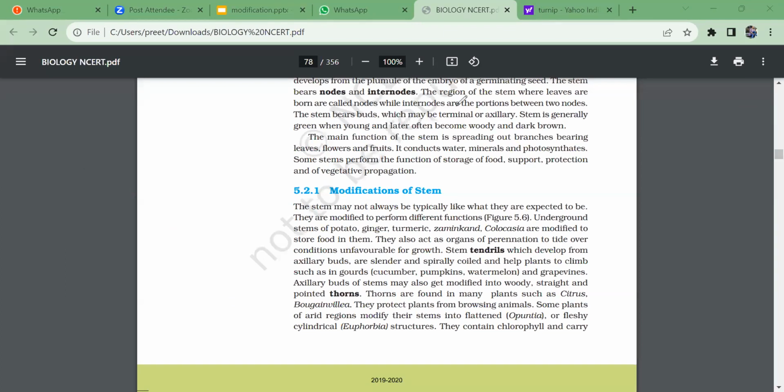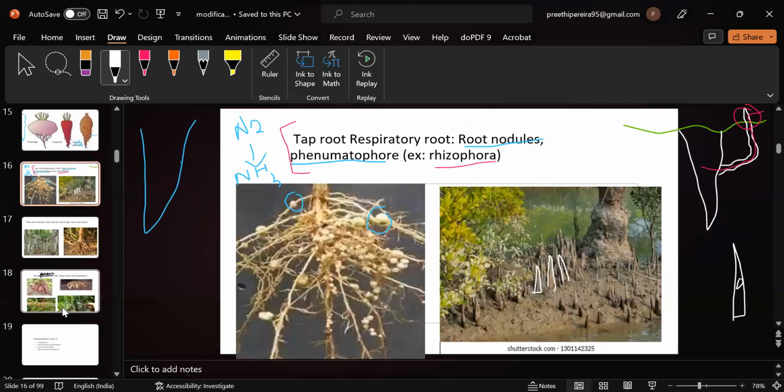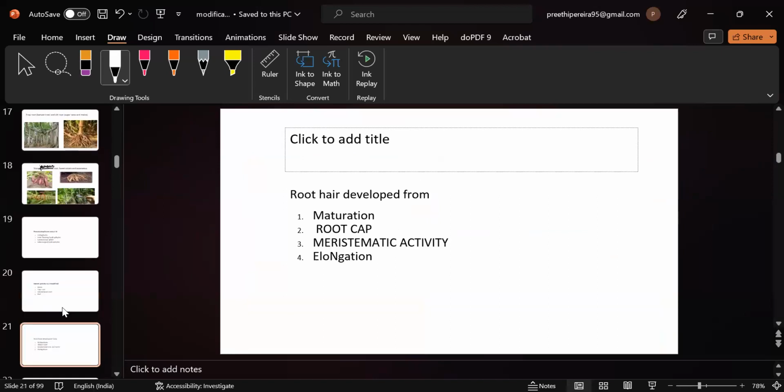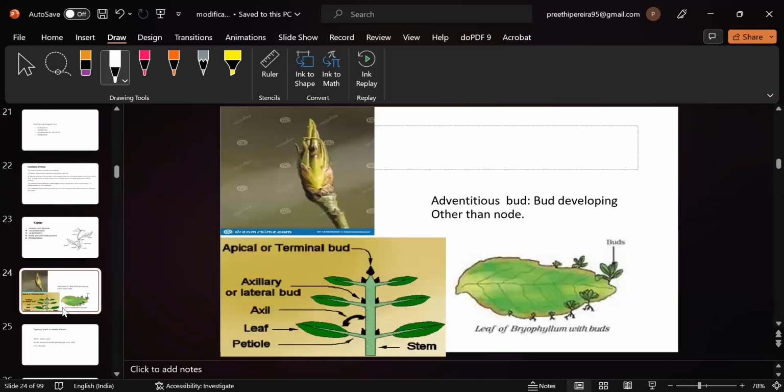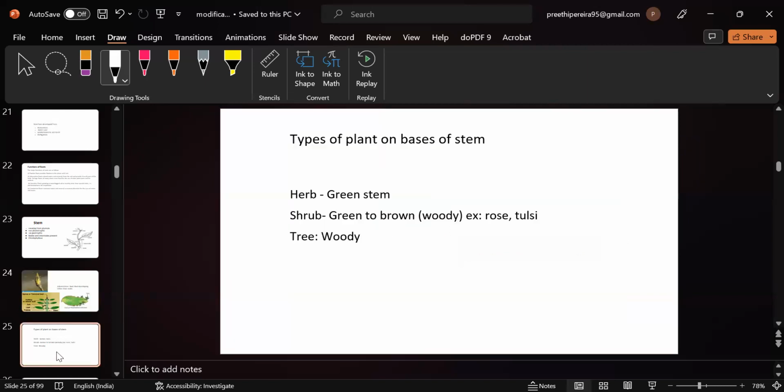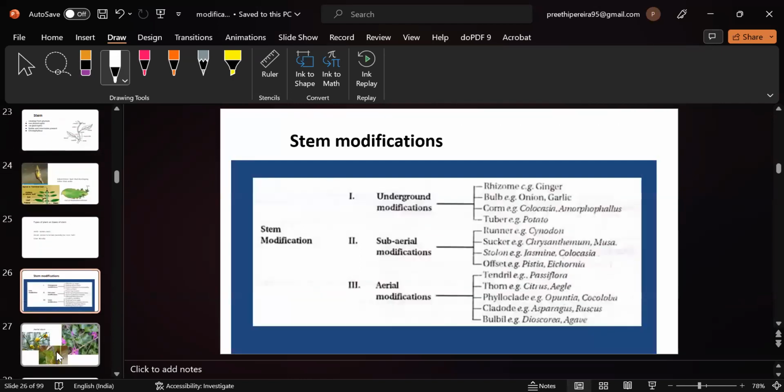For that, we will go back to our PPT. ओके यहाँ पर देखो, ये है नोड, नोड से आएगा लीफ, ये है एक्सिलरी बड, और ये जो ऊपर बड है ना टिप में, उसको बोलेंगे टर्मिनल और एपिकल बड. ओके, एक्सिलरी बड दो लीफ और स्टेम के बीच में से आएगा. एक्सिलरी बड से भी ब्रांच आएगा, टर्मिनल बड से भी ब्रांच आएगा.